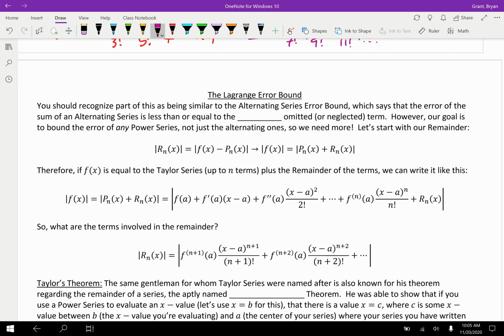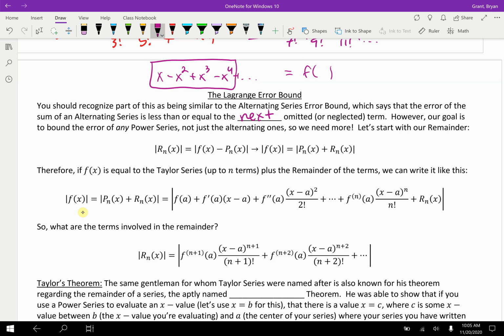As a reminder, when you're alternating terms, so if you had something like x minus x squared plus x cubed minus x to the 4th, and so on and so forth, and that converges, then if you were to just use the first 4 terms here, the alternating series error bound says this sum is not exactly equal to whatever your original function was, and it is at most wrong by just the next neglected or omitted term.